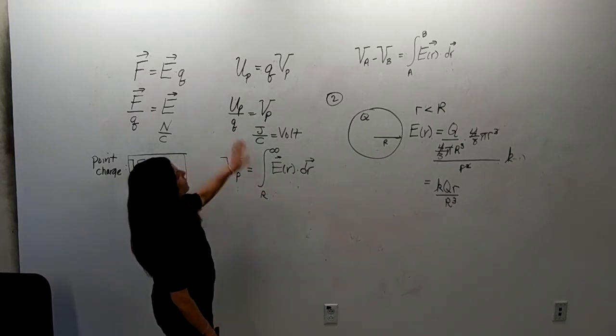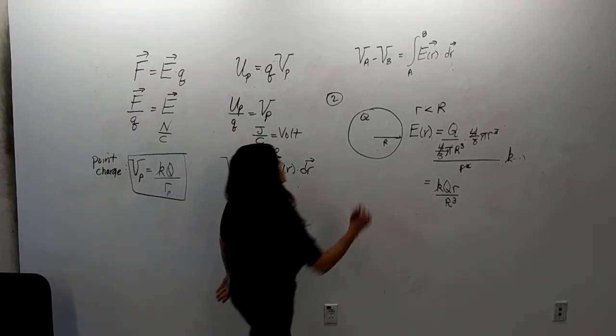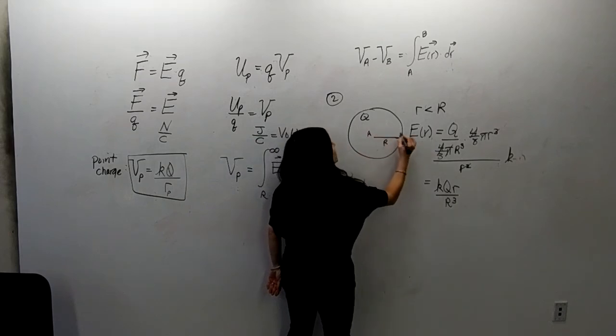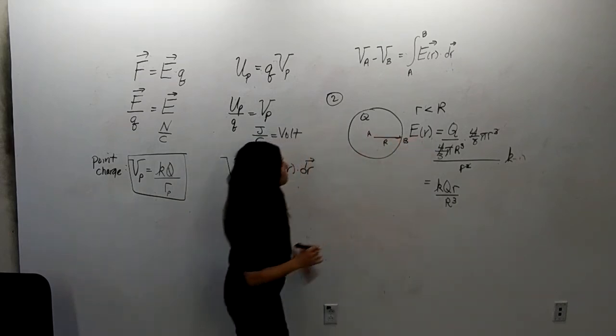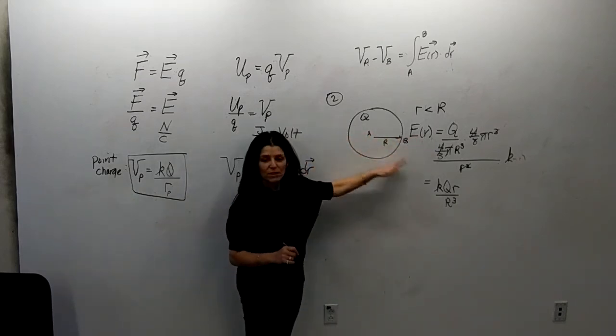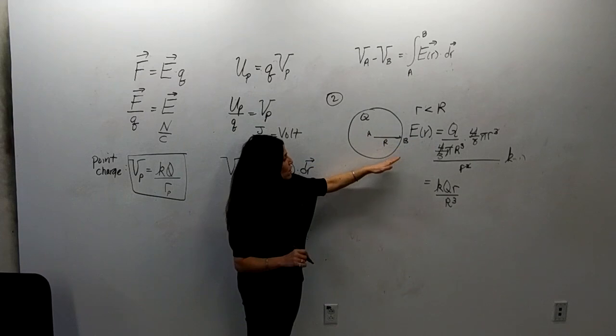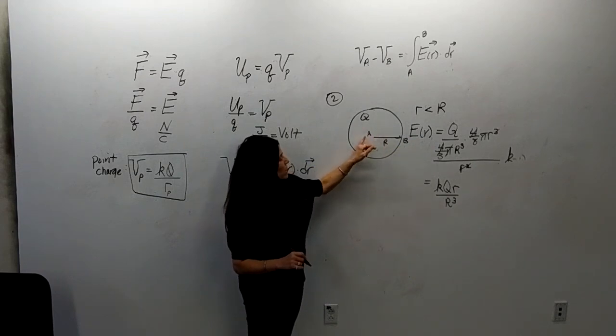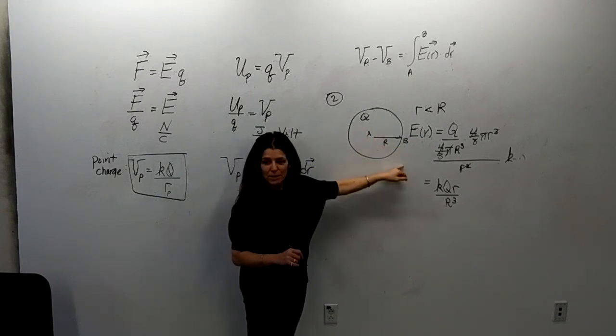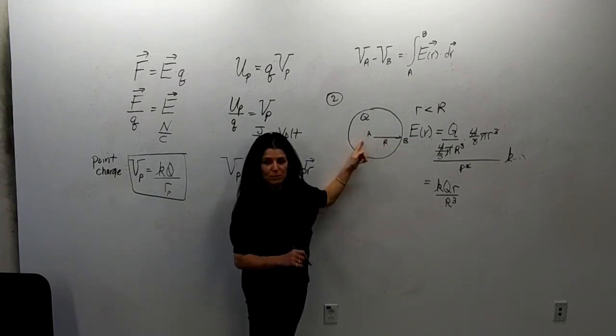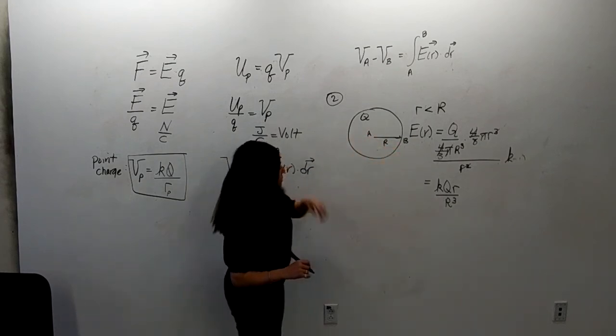Okay, so let's say point A is the center of the sphere and point B is the edge of the sphere. What's the potential difference between A and B? What is the potential at A minus the potential at B? How much work does the field do in moving the charge from point A to point B?